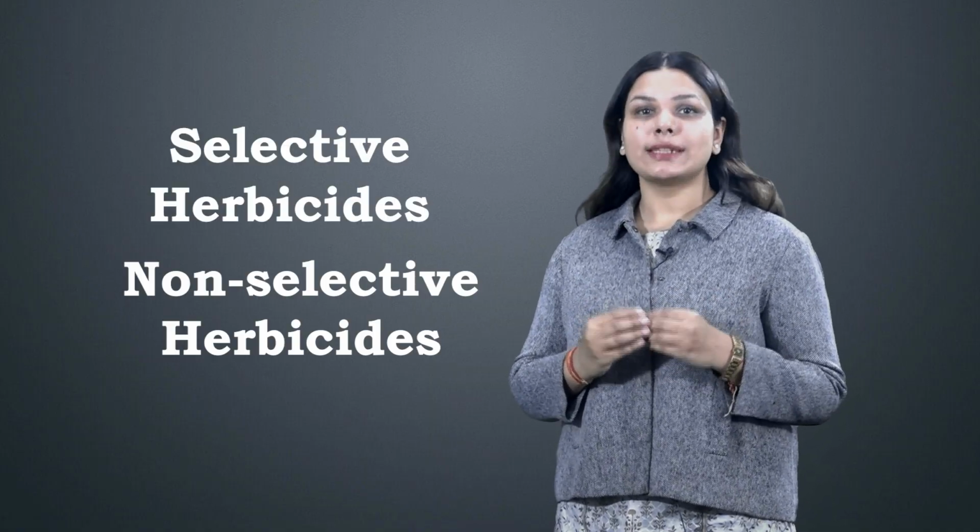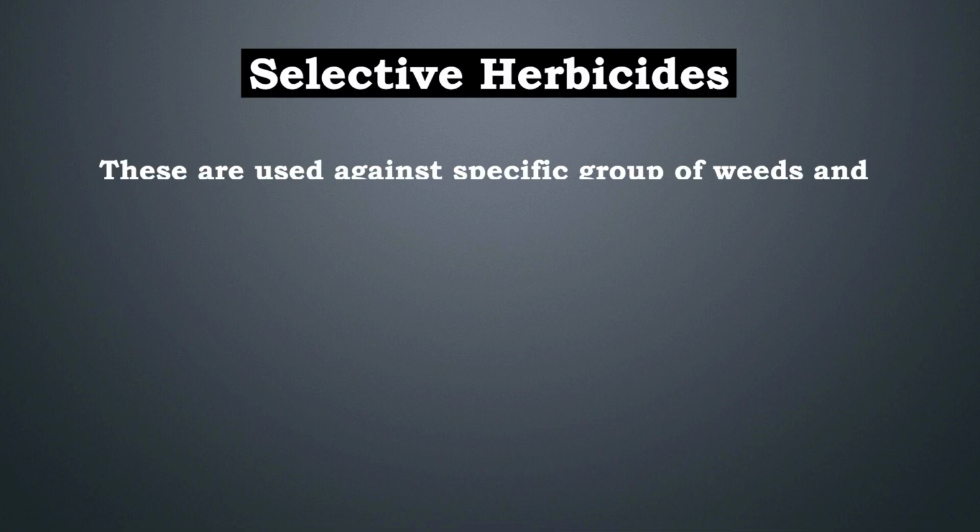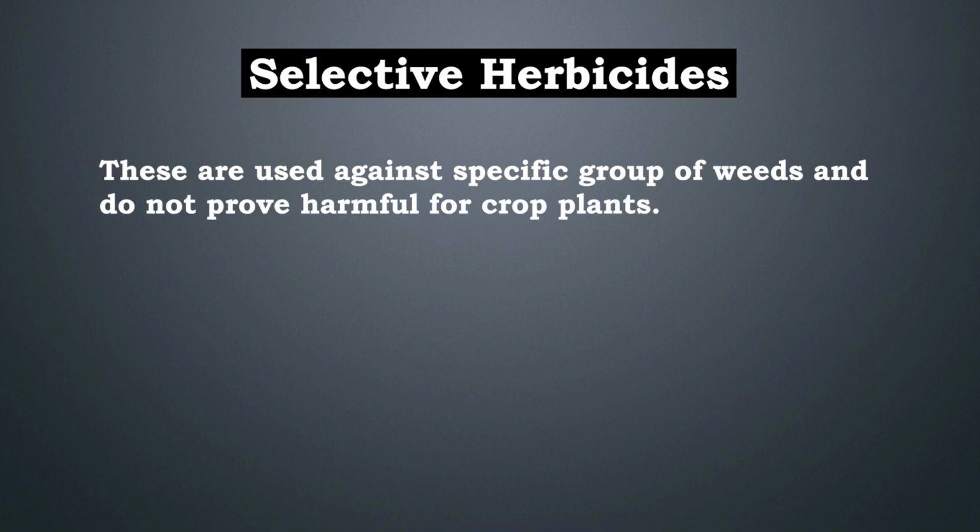Viewers, there is another categorization of herbicides. Based on their mode of action, herbicides can be selective or non-selective. Selective herbicides. These are used against a specific group of weeds and do not prove harmful for other crops.